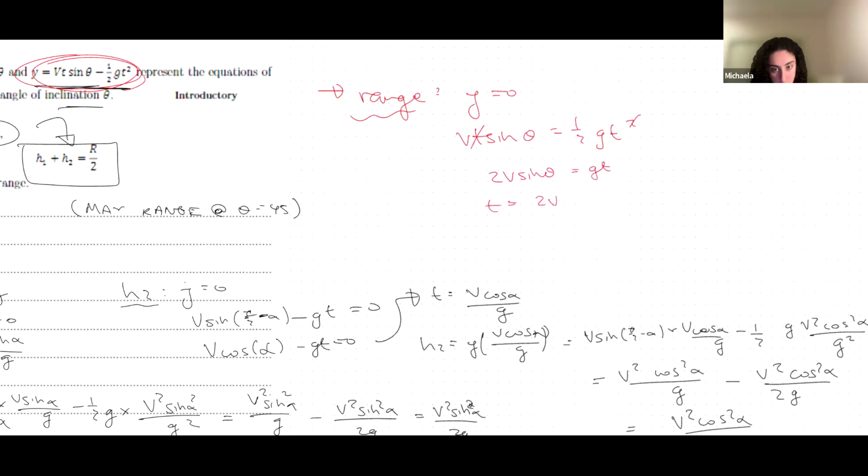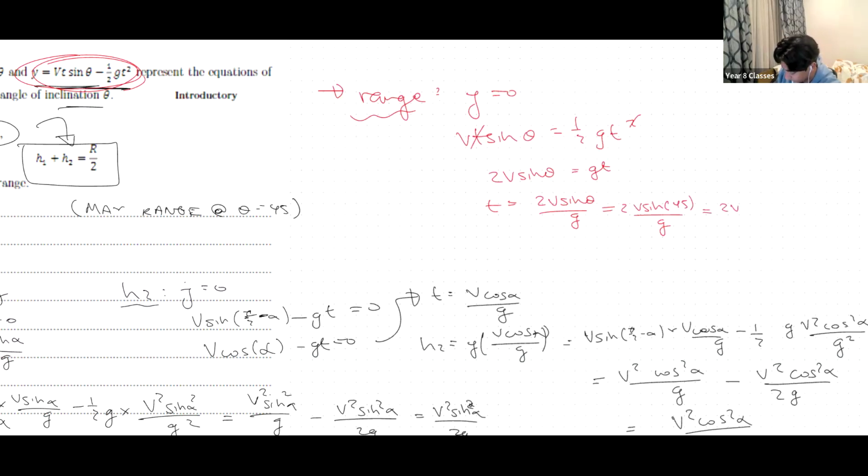And then let theta equals 45. So gt equals 2v times root 2 on 2, so I'll just write it as g root 2, but same thing.